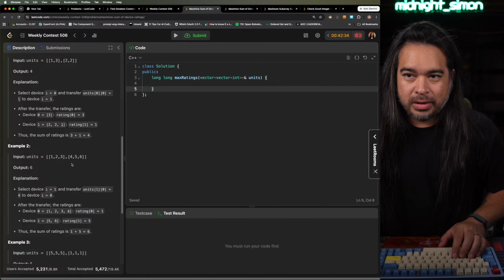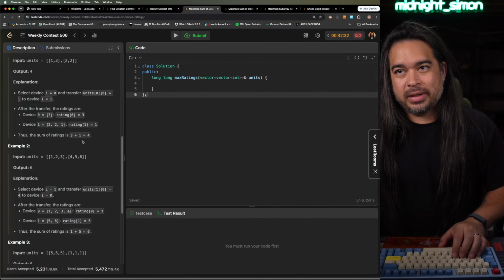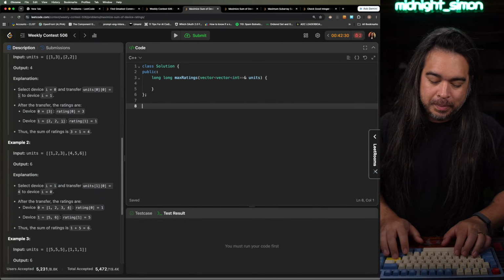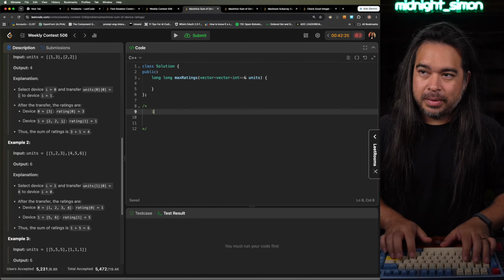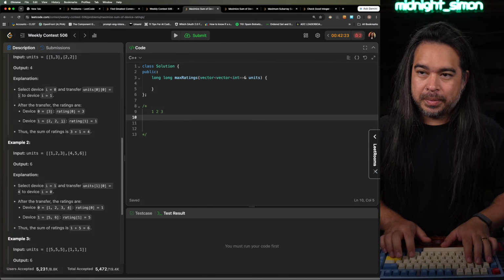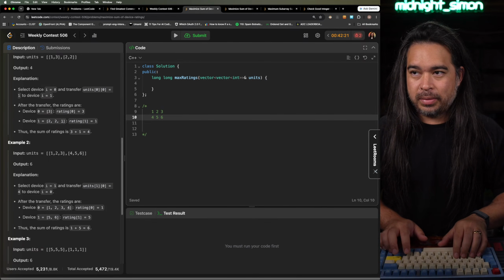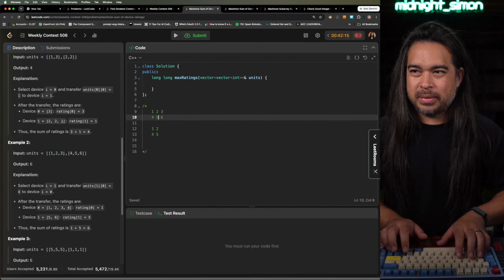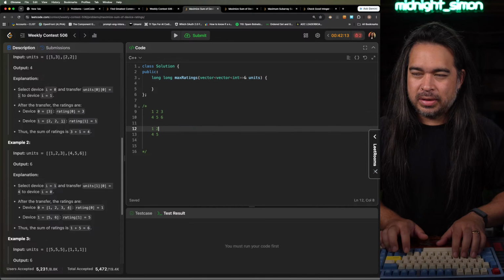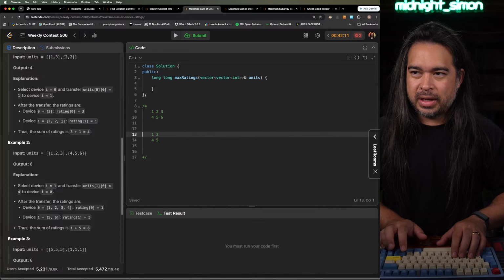All right, let's try and do example 2. Here's one row, and here's another row. I say we only care about the two smallest numbers. That's what I'm thinking. So this turns into just 1, 2, and 4, 5.